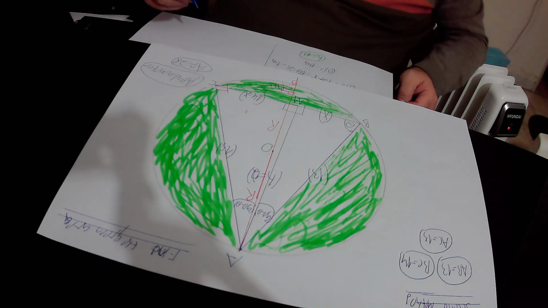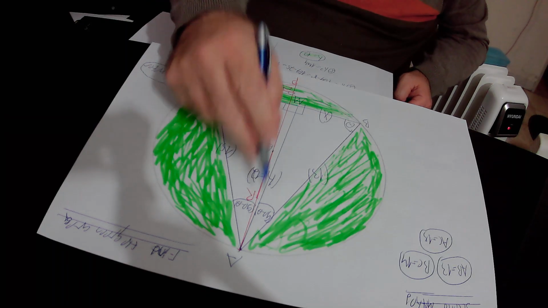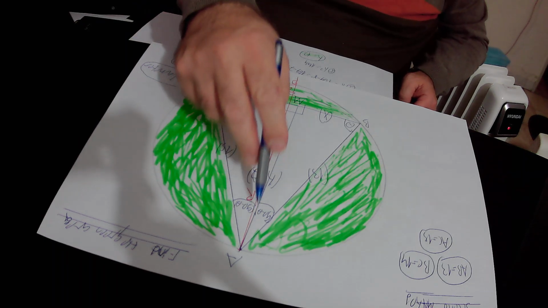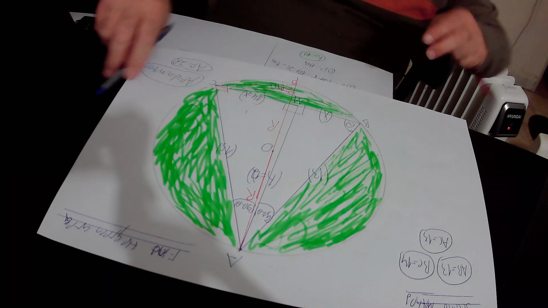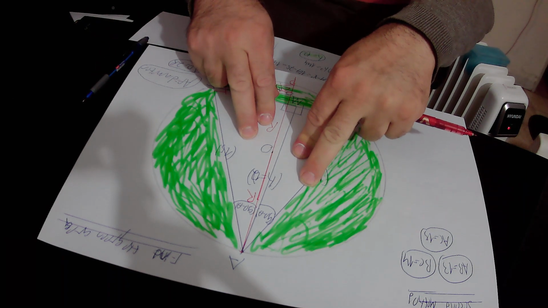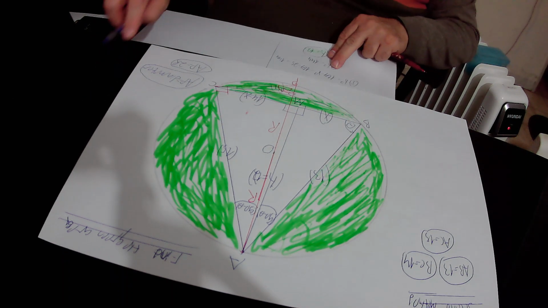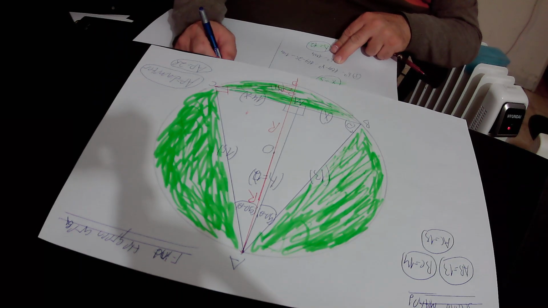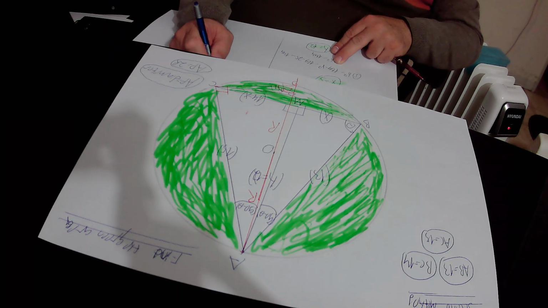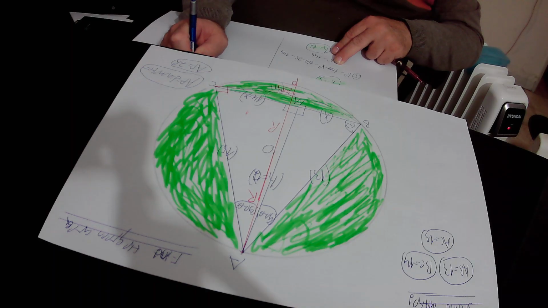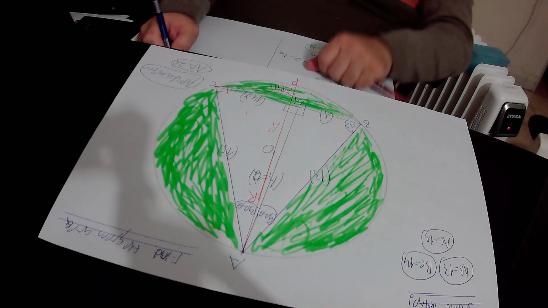In the next step, we'll prove that the right triangle APC is similar to the right triangle AMB. So why are those two right triangles similar to each other? So I write it down.